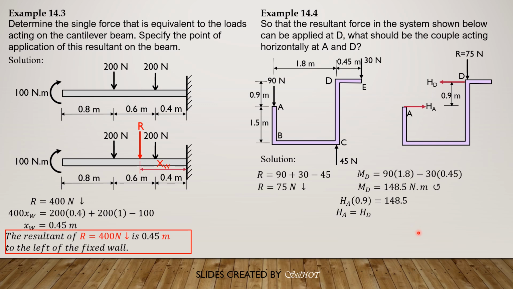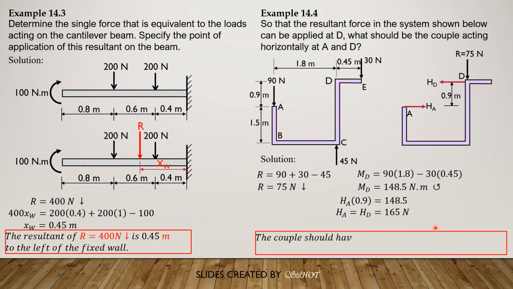So HA is equal to HD equals 165 newtons. So we say that the resultant is 75 newtons acting vertically downward, and the forces would be HA equals 165 newtons rightward and 165 newtons leftward. So that's it.